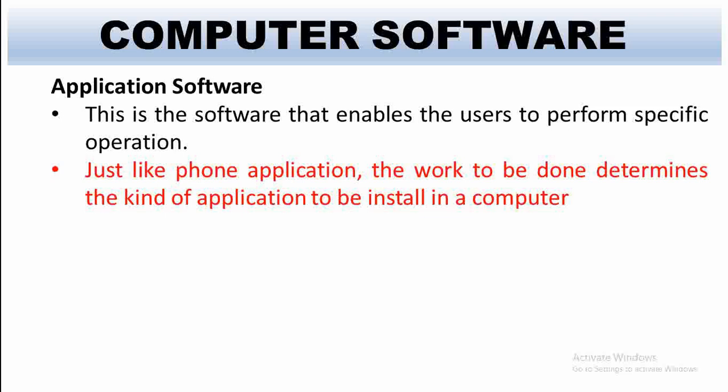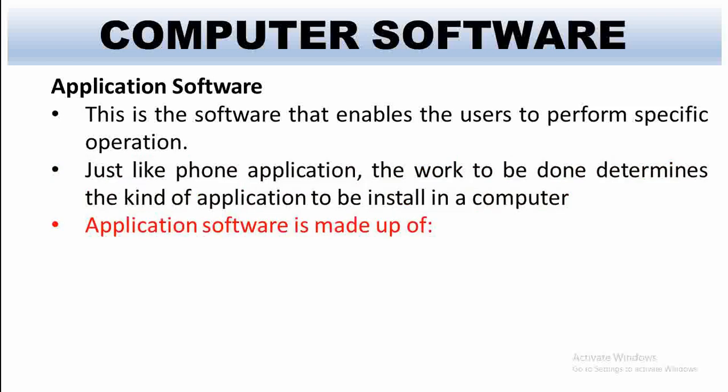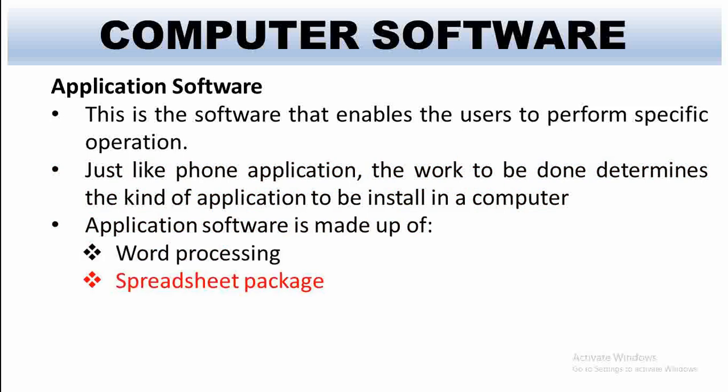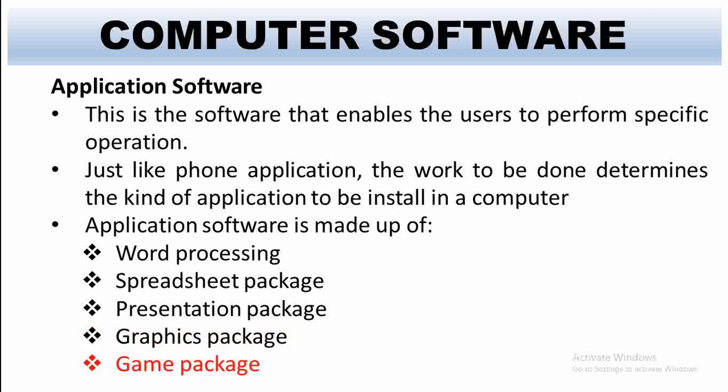So application software is made up of, we have word processing, we have spreadsheet package, we have presentation package, we have graphics package, we have game package. So there are a lot of application software, but these are the most common application software.